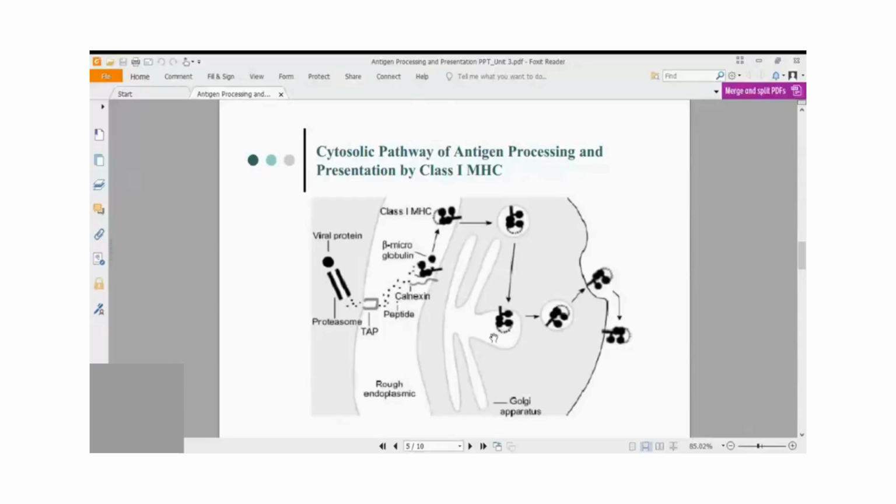In the Golgi complex, once again, the class 1 MHC from there emerges as a new bubble. But now that bubble that has emerged out, which is a vacuole containing class 1 MHC, will have the membrane around it exactly similar to the plasma membrane.